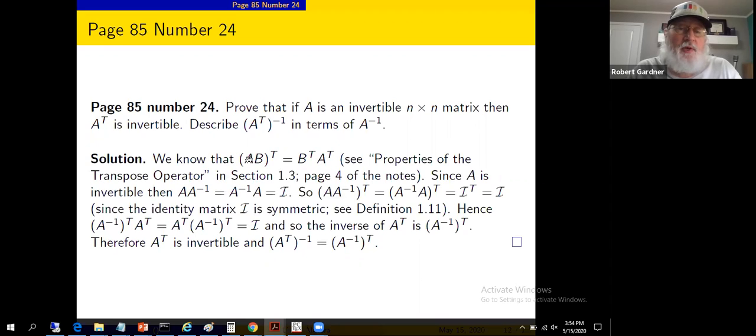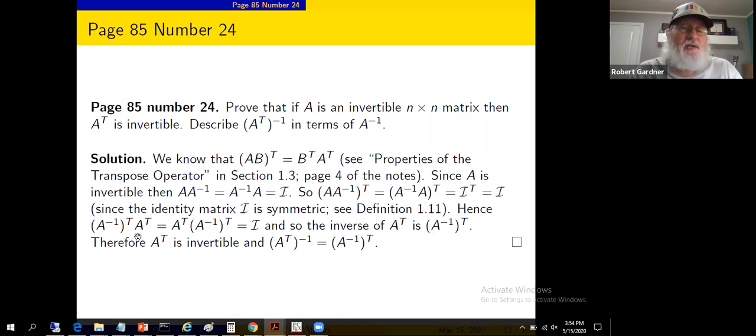If that's too much for you, then forget trying to do the substitution with B. I transpose both of these and reverse the orders. So from the first we'll get A inverse transpose, but that'll come first, and A transpose, but that'll come second. From this one, we'll get A inverse transpose, but that'll come second, and A transpose, but that'll come first. So the order is reversed on the inside, so when we do the transpose, we've still got a reversal on the orders. Transpose of the identity is the identity itself, as just observed.